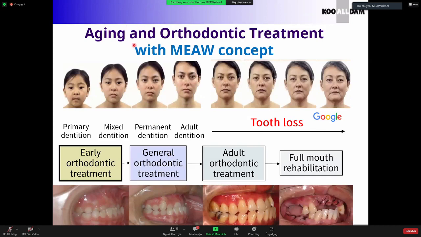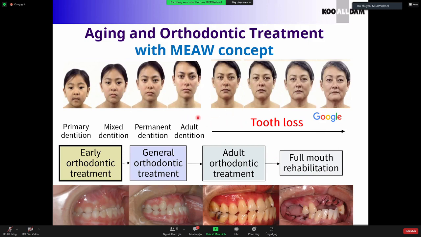As you know, this is aging and orthodontic treatment. So we can divide the orthodontic treatment into various groups depending on the age. Early orthodontic treatment, general orthodontic treatment, adult orthodontic treatment. Finally, we can see the full mouth rehabilitation.